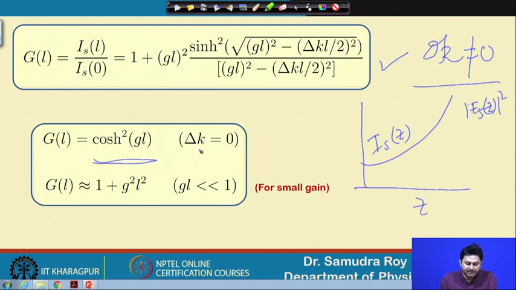When I say this gain is very small, then GL is much smaller than 1, then one can approximate that this gain can be written as 1 plus G square L square. This is the expression you will find in many books, and this general expression also I believe you will find in some books. So, with this note I should conclude here.